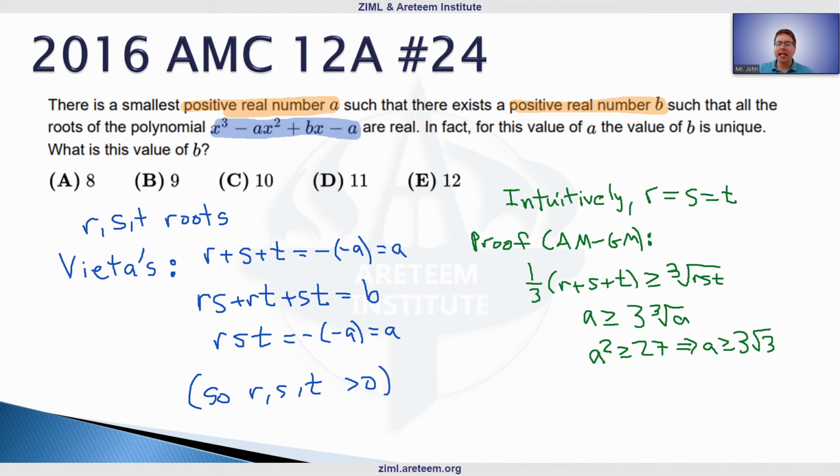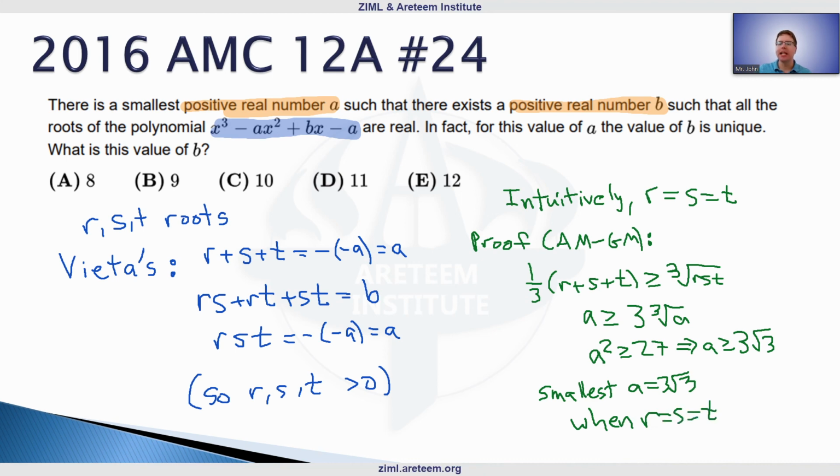And where is equality, right? Remember, equality happens when the 3 numbers are the same. So the smallest a is a equals 3 root 3. And this happens when all of the numbers are the same, so r equals s equals t.